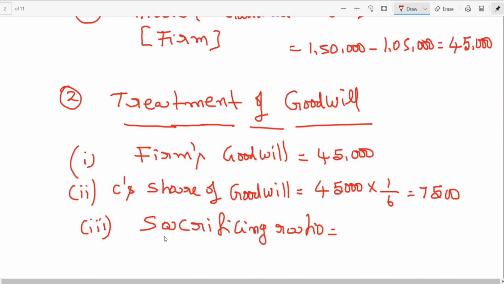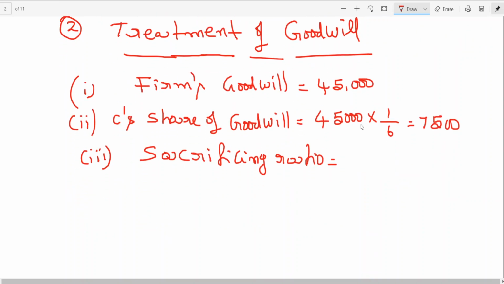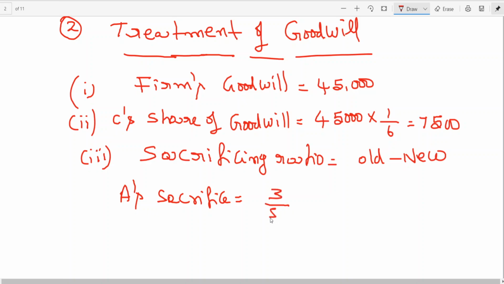When the new profit sharing ratio is given, you know sacrificing ratio is equal to old minus new. A's sacrifice is equal to old ratio, which you got in the problem as 3 by 5, minus new ratio 3 by 6. LCM 30. 5 sixes are 30, 6 3s are 18; 6 fives are 30, 5 3s are 15.